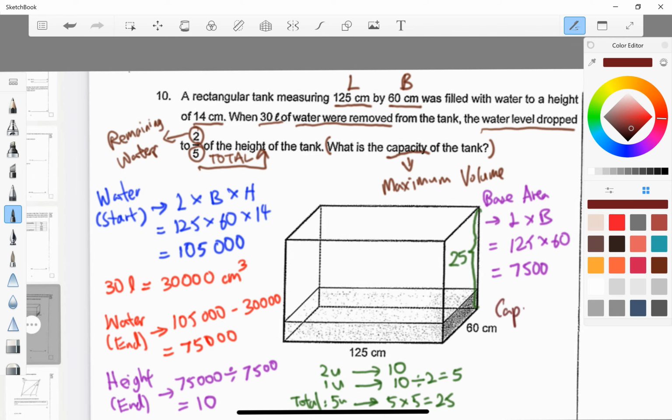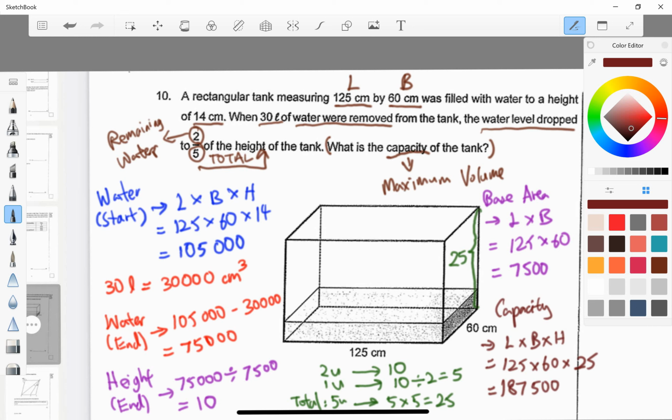The capacity that we are looking for has got to be length times breadth times height. And what would that be? It will be 125 times 60 times 25, the height of the tank. Let me multiply it. 125 times 60 times 25, and the answer is 187,500.